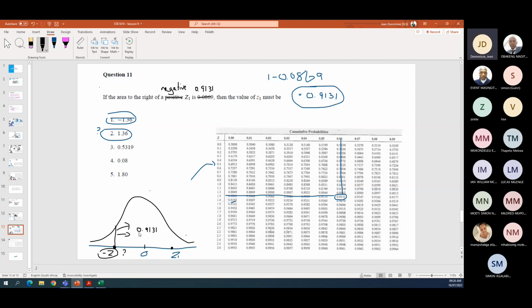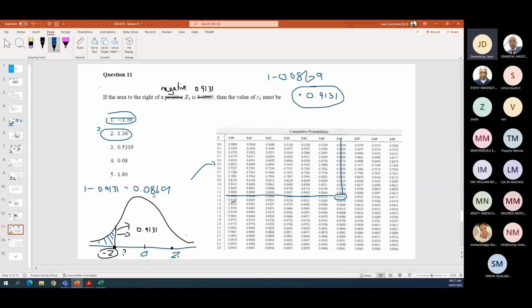Then I would have gone again and said, okay, here's the small area that I need to find out. To work out that small area, I would have said 1 minus 0.9131, which would have given me 0.0869.